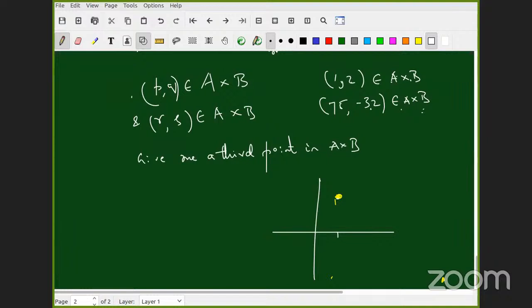What's happening? In R2, why are none of you ready? Anusya, Yojana, Nandini Shri, Sharon, Dhanraj, Prasanna, what is the difficulty for you? (1, 2) belongs to A cross B, therefore 1 belongs to A, right? 2 belongs to B. Again here, 75 belongs to A, -32 belongs to B. This is the information I have.